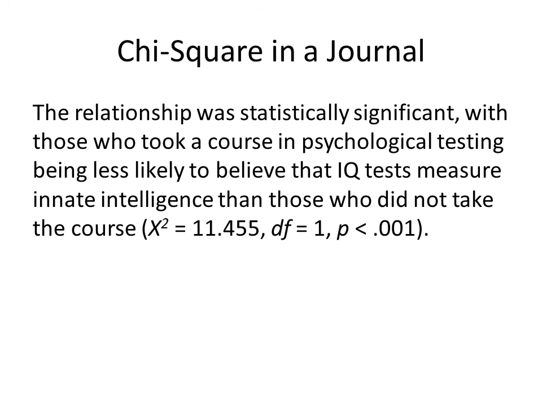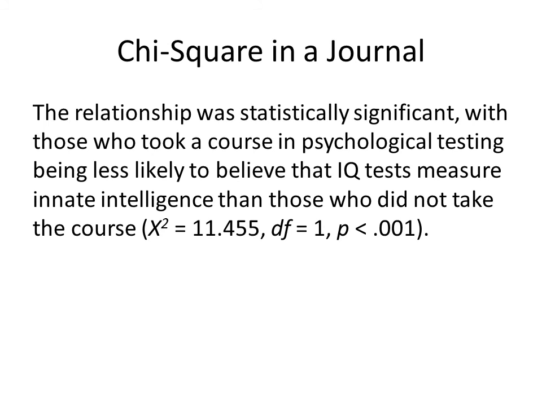When you write chi-square in a journal, you want to make sure that you address whether the relationship is statistically significant, and you also want to talk about the relationship and the direction of the relationship.